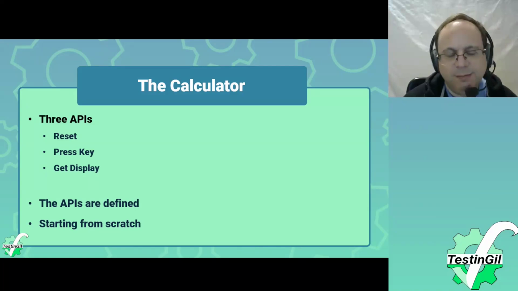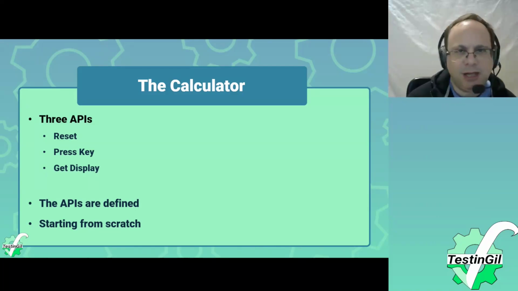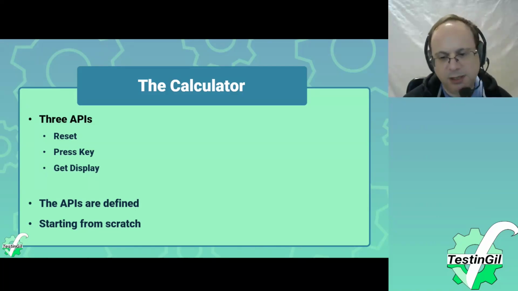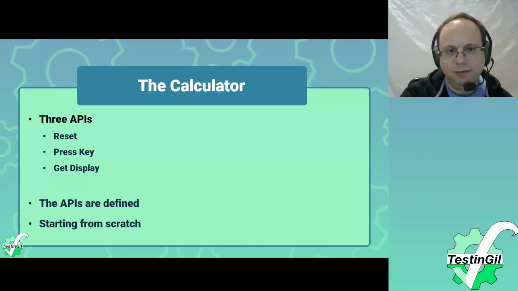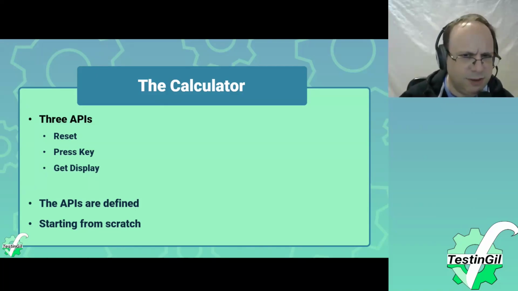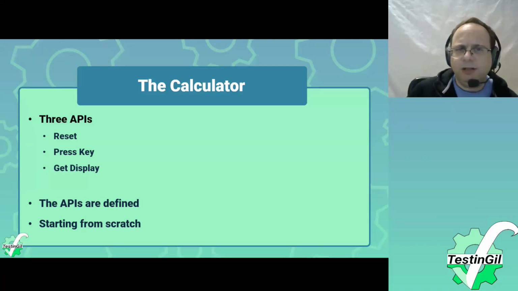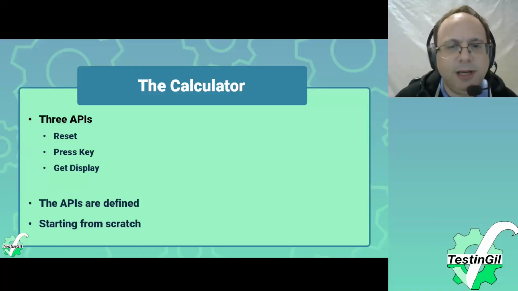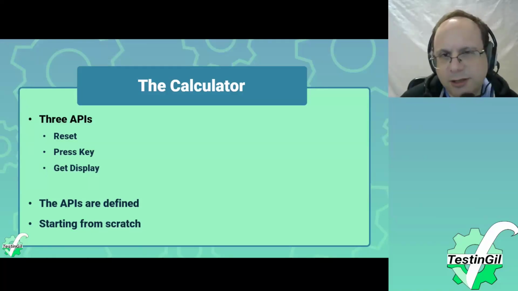So what does it mean? Sometimes, like in classical BDD, you specify things in the feature files and describe what you want the system to do, but you don't specify how the APIs are. Assuming your product doesn't have public APIs, just private APIs, it doesn't matter how they look.